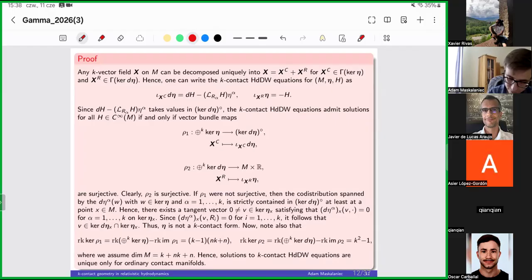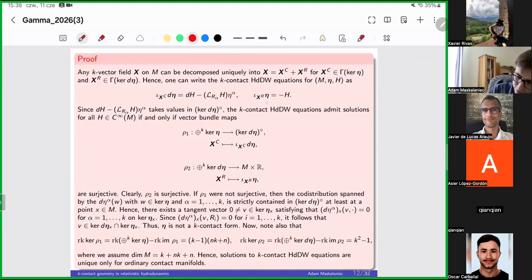And then we may observe that one can write the k-contact Hamilton-de Donder-Weyl equations in this simplified form. What is the difference from the previous formulation is that whenever we contract something from the Reeb distribution, the kernel of d eta, then we get 0.